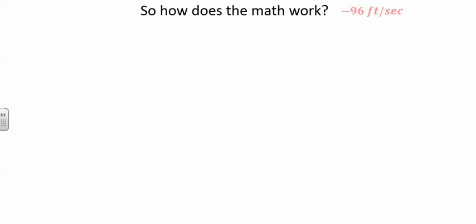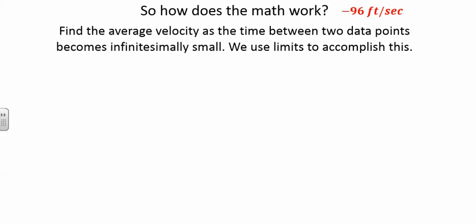Well, remember that we're trying to get to a value of -96 feet per second. What we want to do is work through the same process we did a minute ago, but not have to make all those intermediate calculations. Basically, we want to find the average velocity as the time between the variable point and the fixed point becomes infinitesimally small. Basically zero, but not zero.